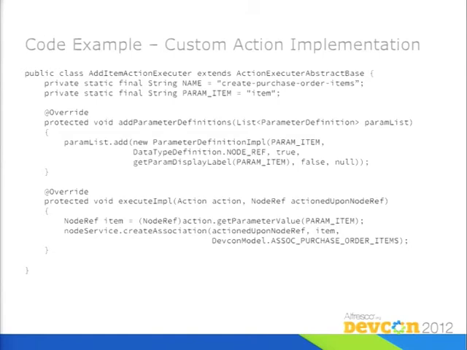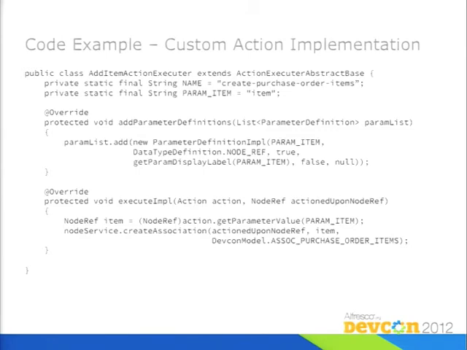In the simplest case, we provide a convenient name so that we can look at it in other places. The add parameter definitions is a template method. It gets called when the action's being registered, and at this point we build up the list of parameters that are needed to execute this action. So here we're saying I need to know what asset I want to add to the purchase order.